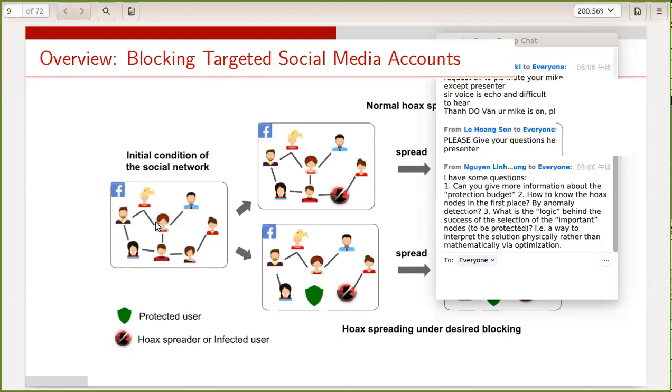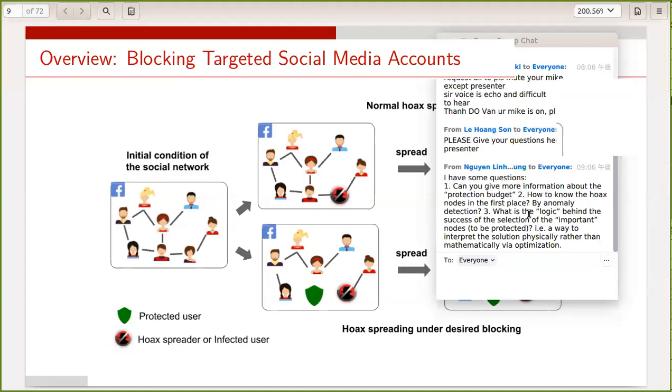We can use anomaly detection, or text mining and natural language processing, and we can combine them with our research. But in our research, we assume that the hoax is already detected. So we just try to mitigate.